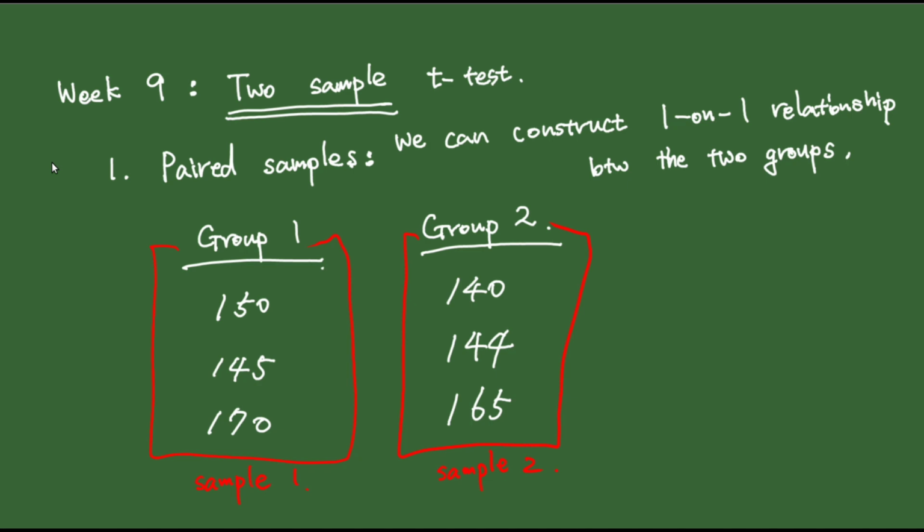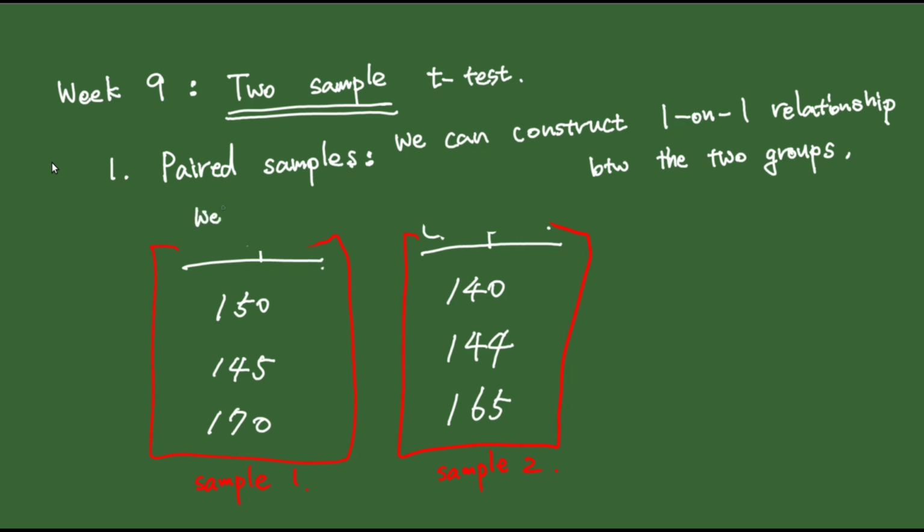So what does that mean? One of the typical structures of paired sample data is a before and after measurement data set. So let's say this group 1 is actually the collection of the weights of people.